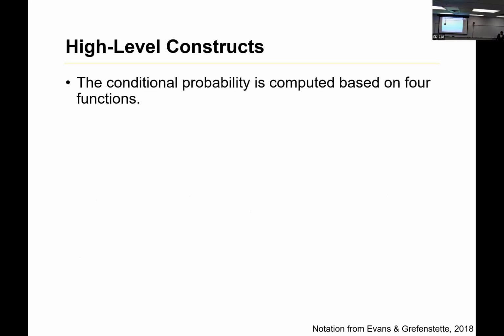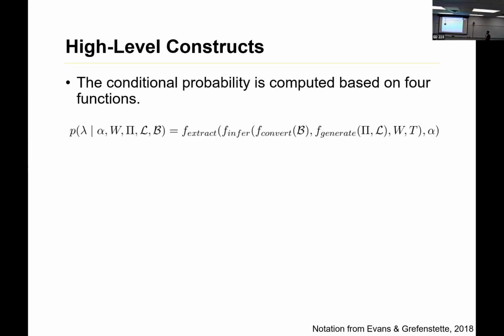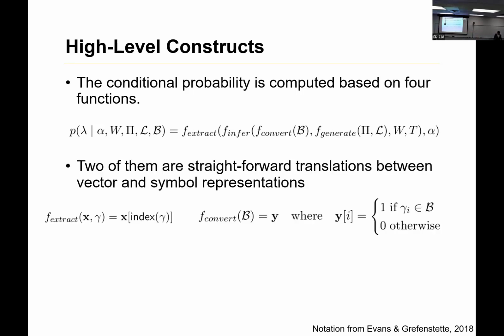Okay, so they have these high-level constructs, and they say there's a series of these functions that give us that probability. This looks really tough to follow, but it's actually not. Two of the functions are really just translating symbols to vectors, and that's it.